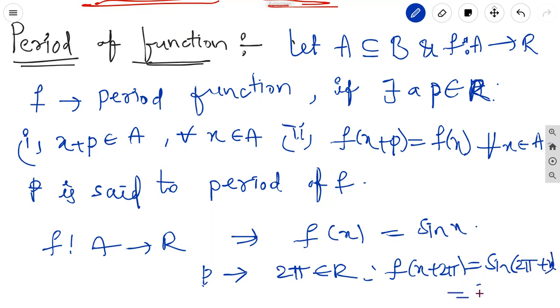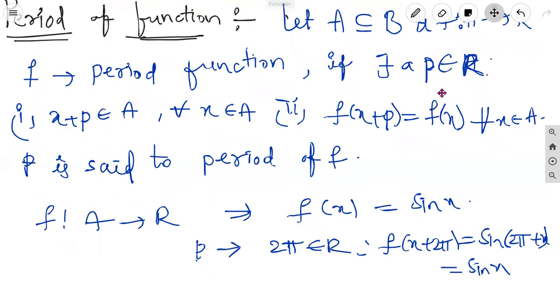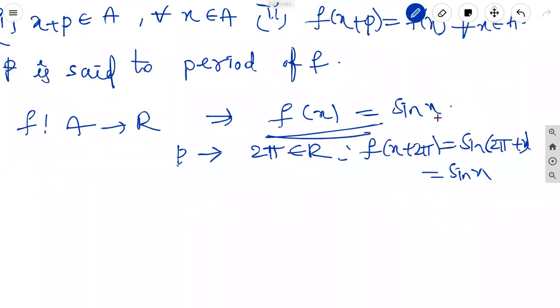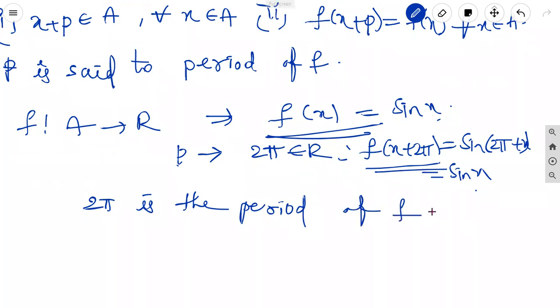Sin of 2 pi plus x is again sin x. Here we are observing f of x is equal to sin x, and f of x plus 2 pi is also sin x. Here 2 pi is the period of f.